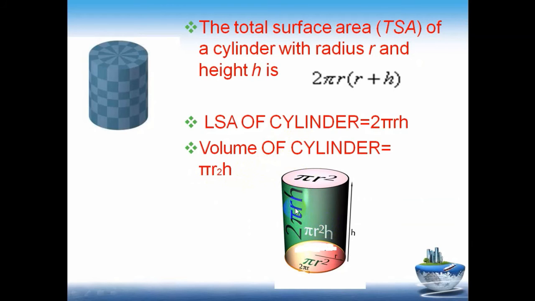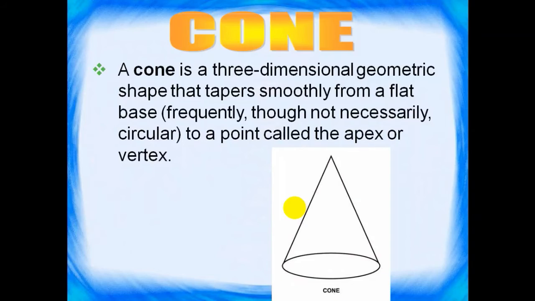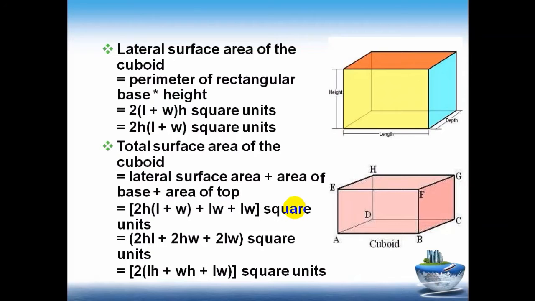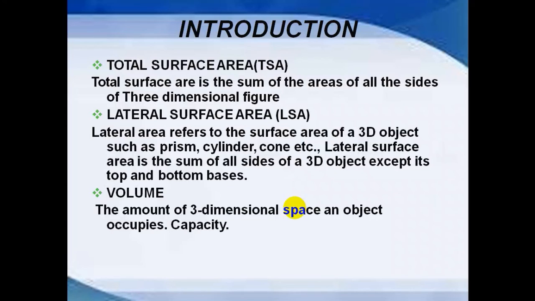You see over here in the previous slides that the lateral surface area formula we have already discussed. Total surface area is the sum of the area of all the sides of three-dimensional figures, and lateral surface area is the surface area of 3D objects such as prism, cylinder, and cone, etc.